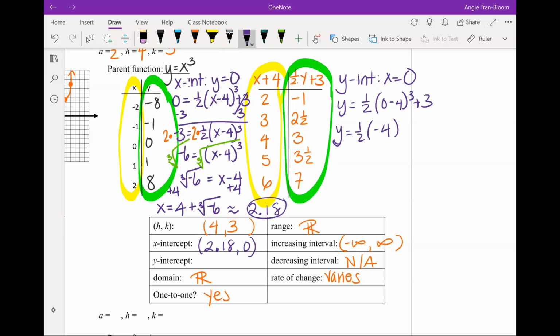Good. Negative 4 to the third, Diego. What is it? Negative 64. Devin, what's half of negative 64? Negative 32. What's negative 32 plus 3?